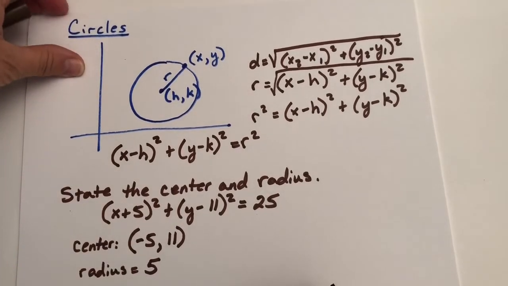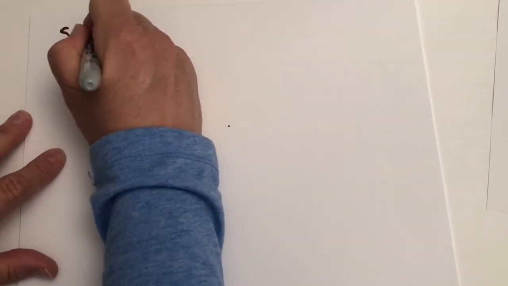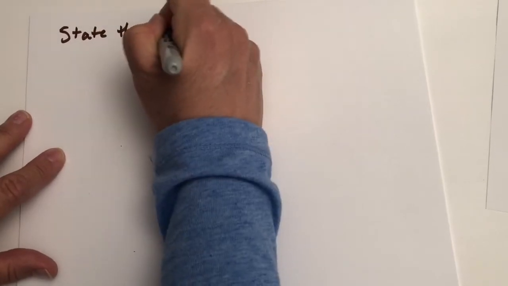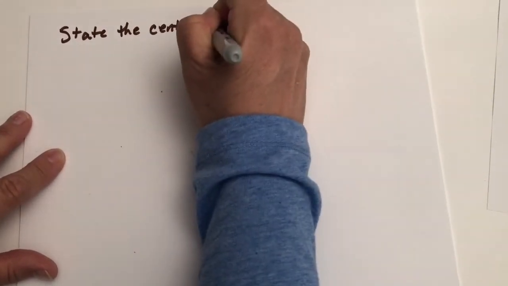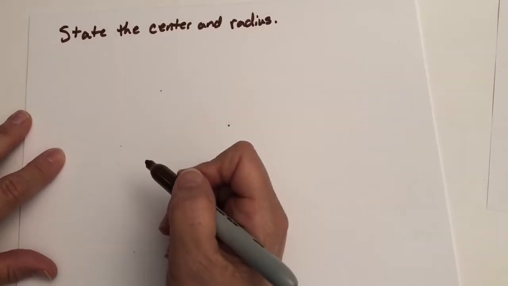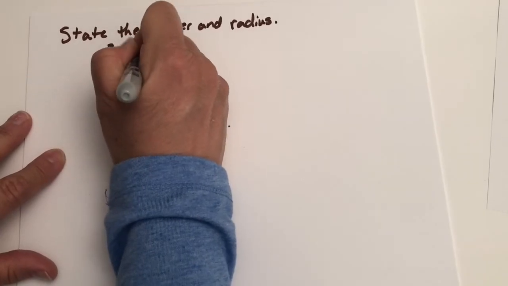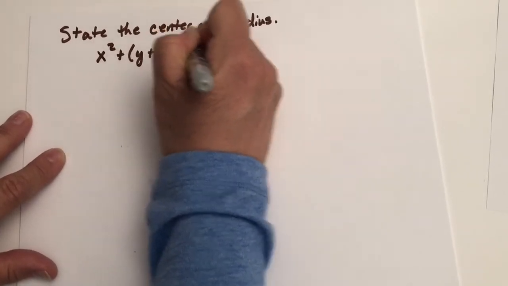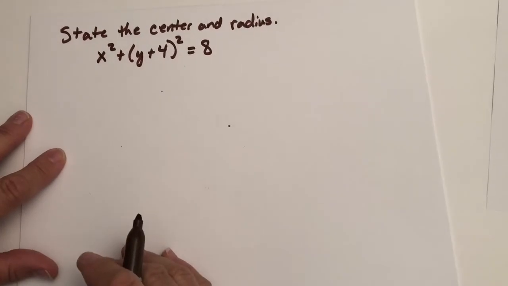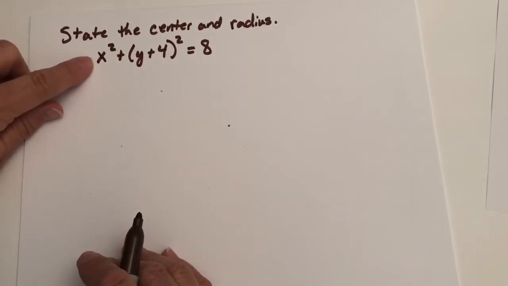Let's do a few more. So the directions are state the center and radius. And it could look like this: x squared plus (y plus 4) squared equals 8. Another one that's coming in standard form. So with this one, we look here for our x coordinate of the center.